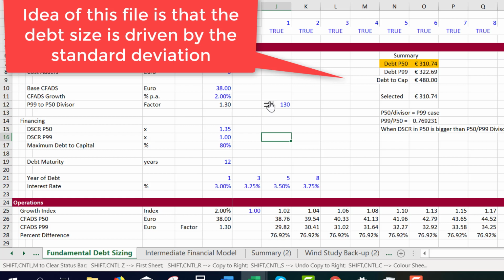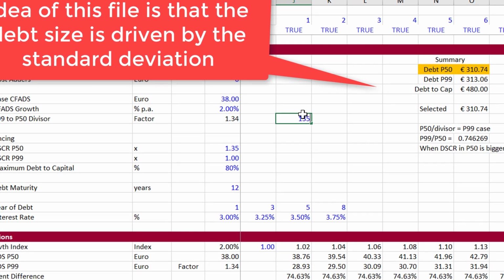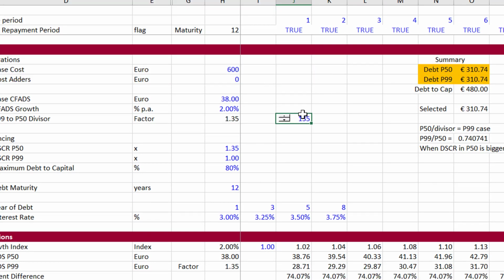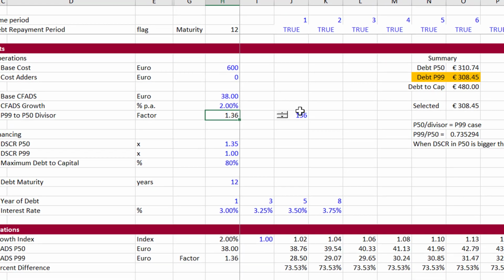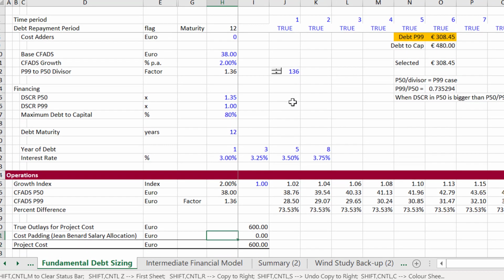When this is greater than, I'm going to put 134. It's still P50. I'm going to put 135. It'll get confused. Then they're the same. 136. It's just when you can compare this ratio of the cash flow. Now, I'm just going to go through a little kind of calculations to do that.